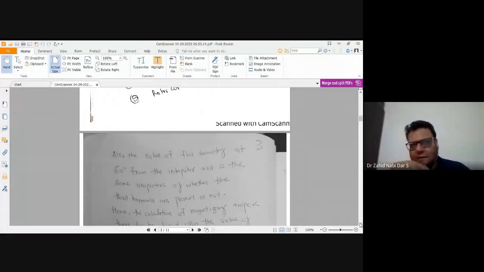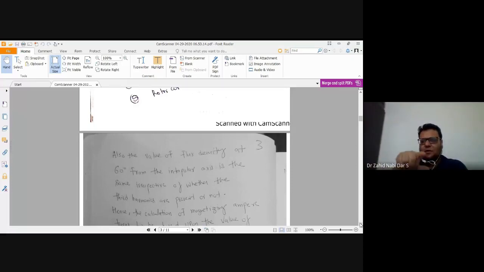One half cycle is represented by pi, so pi would mean 180 degrees, and in one half cycle of that sinusoid, the maximum peak you will get at pi by 2, because at pi equal to 0 your graph is starting like this.